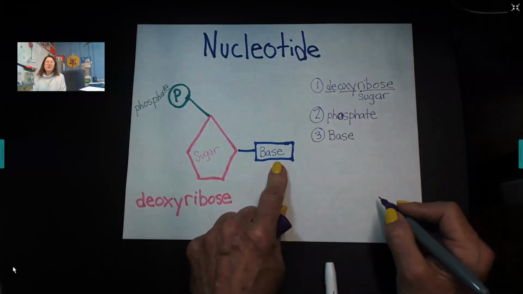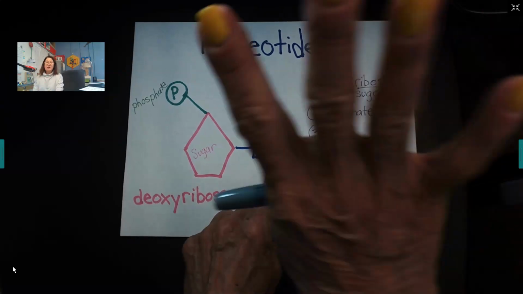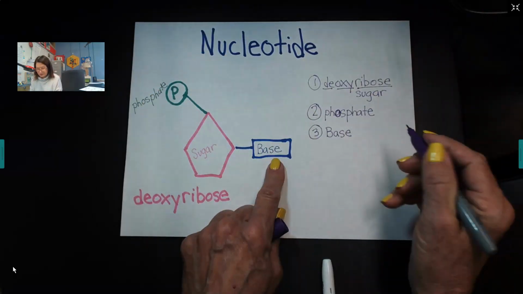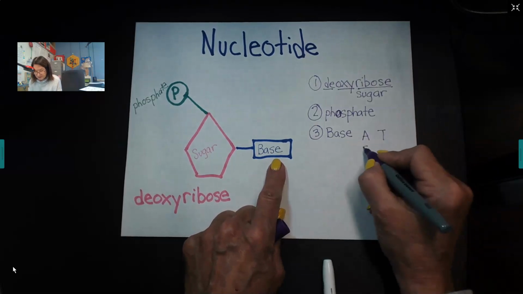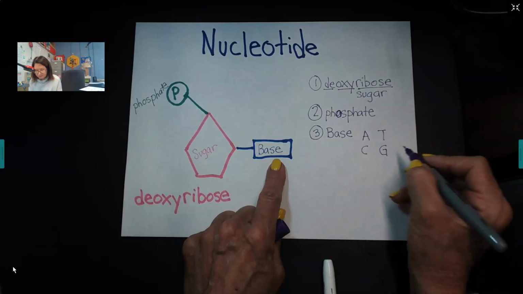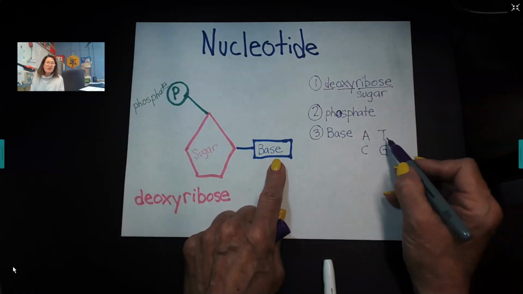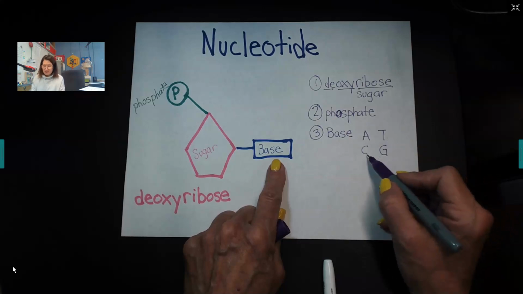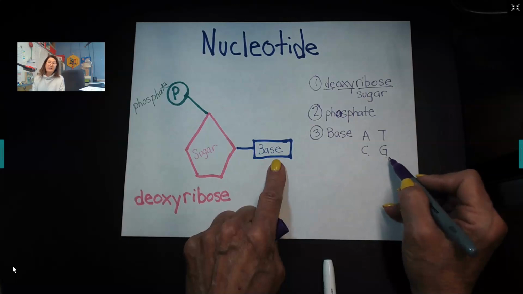As we've seen through our video, we have four different bases. We have A, T, C, and G. A stands for adenine, T stands for thymine, C stands for cytosine, and G stands for guanine.